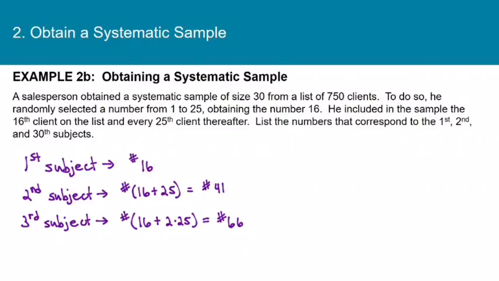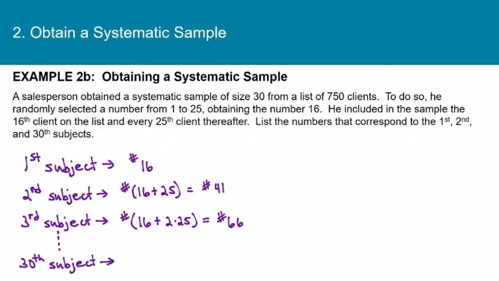And now let's skip on down to the 30th subject in our sample. To find the 30th subject, how many K's should we add? Well, see the pattern here. For the first subject, we added 0 K's.